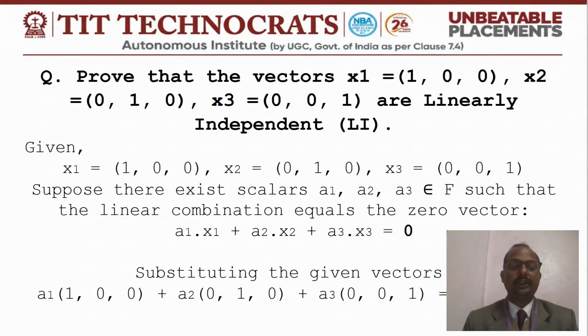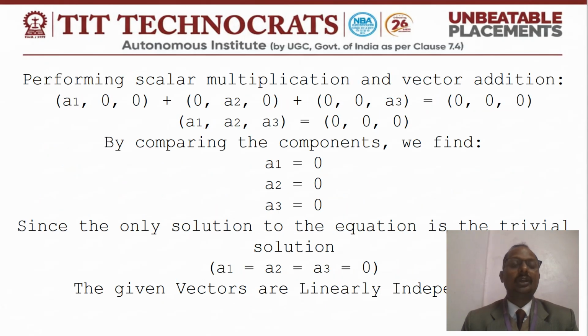By putting the values, a1 times (1, 0, 0) plus a2 times (0, 1, 0) plus a3 times (0, 0, 1) equals (0, 0, 0). Performing scalar multiplication and vector addition, we get (a1, a2, a3) equal to (0, 0, 0). By comparing them, a1, a2, a3 are 0. So all the results are 0, and the given vectors are linearly independent. Clear? So this is the simple clarification of the definition.